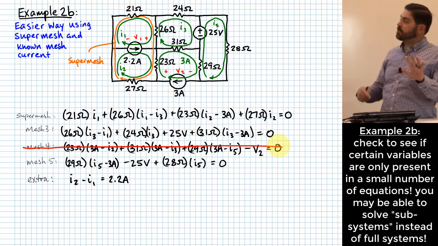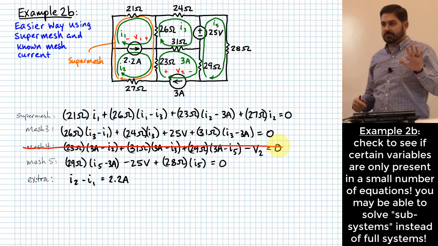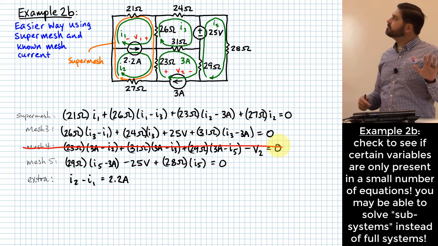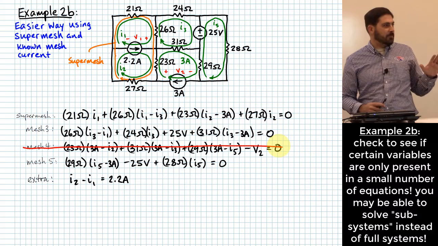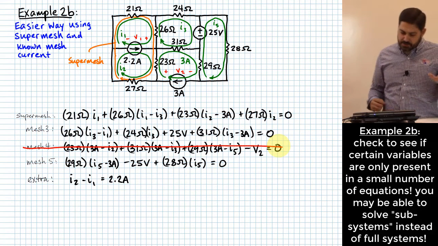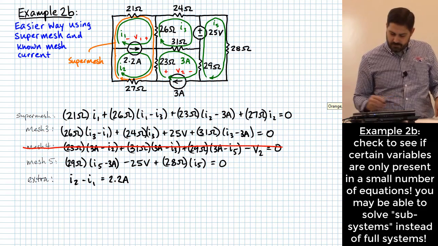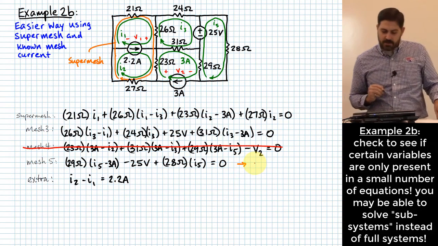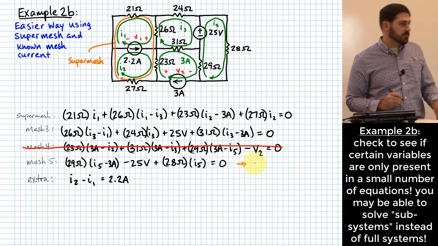Removing that equation gives me a 4 by 4, right? Are we happy about that? Okay. Let me do another one that might make you happy. How many unknowns are in mesh 5? How many? 1. You don't even need a system for that one.